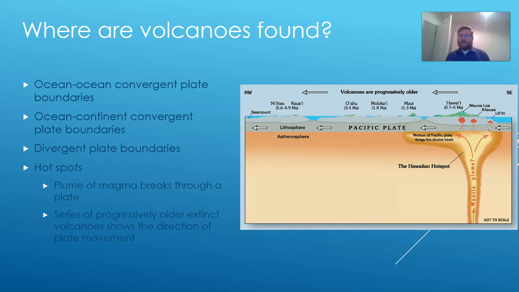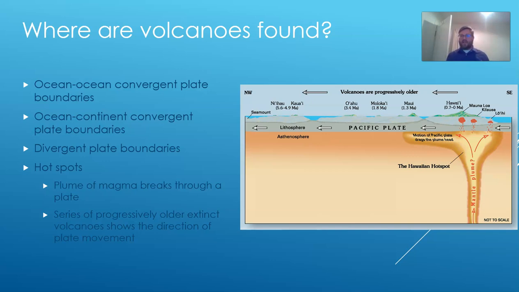Hawaiian Islands. And so right now in Hawaii, you have active volcanoes just on the Big Island. In the southeasternmost part of Hawaii, you have the Big Island, the island of Hawaii, and it's got several active volcanoes on it that experience eruptions regularly. And the diagram there marks Mauna Loa, Kilauea, and then Loihi, which is sort of the newest volcano forming just off the coast of the Big Island of Hawaii.